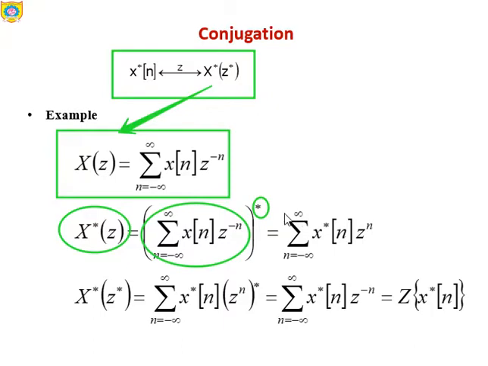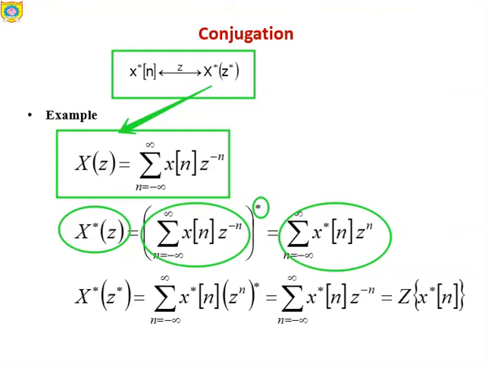Here x star of n is what changes for this term, and z raised to minus n, its star will result in a positive value of n. That result will ultimately give x star of n into z raised to n, which is nothing but X star of z only.